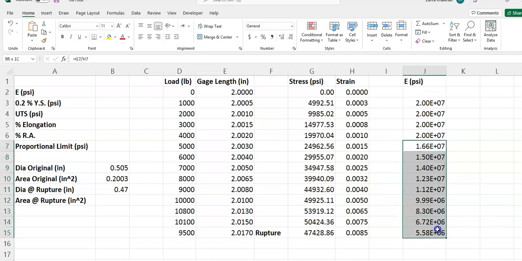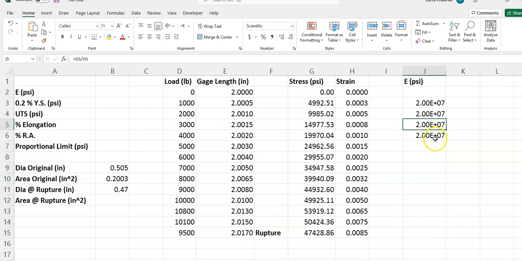We're gonna get rid of this part because elastic modulus is only applicable to the linear portion of the curve. And from this data, it is obvious that from this point, there is no such relation between stress and strain. So let's get rid of this part.